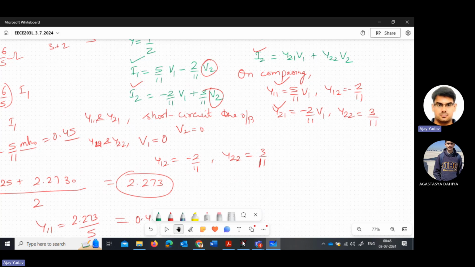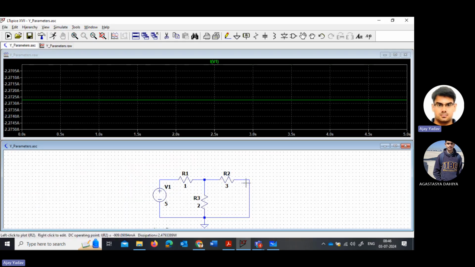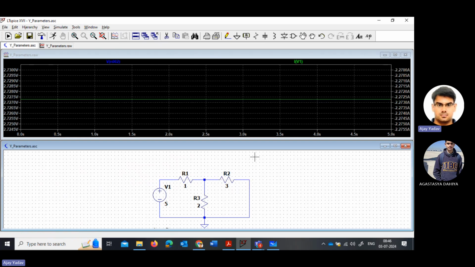So here also, if you want to calculate the current in this branch, and you know the value of voltage here, you can calculate the branch current, right?